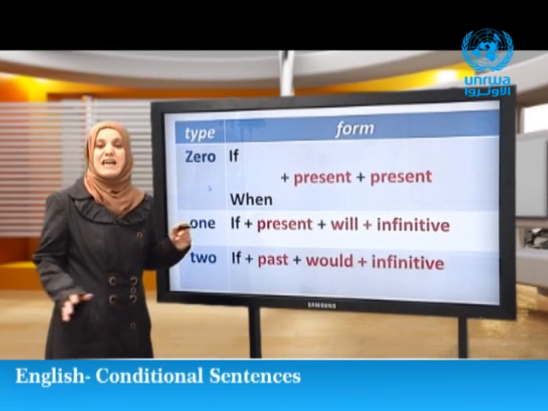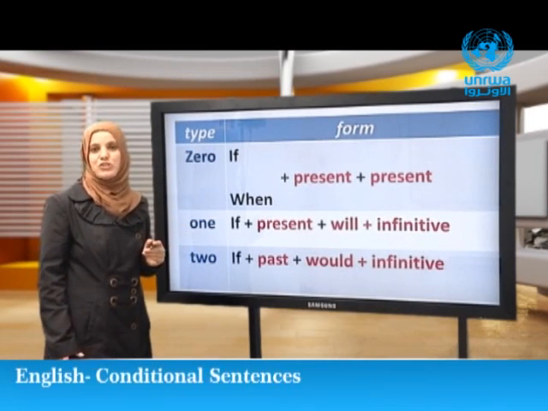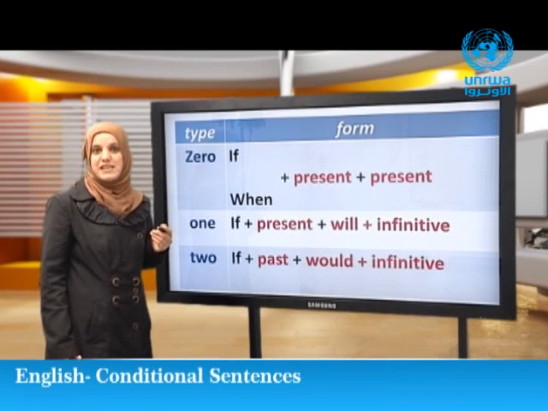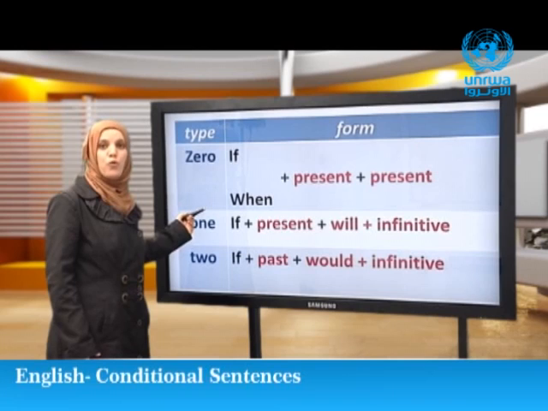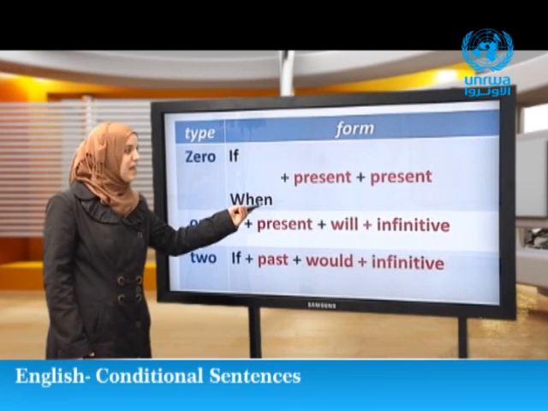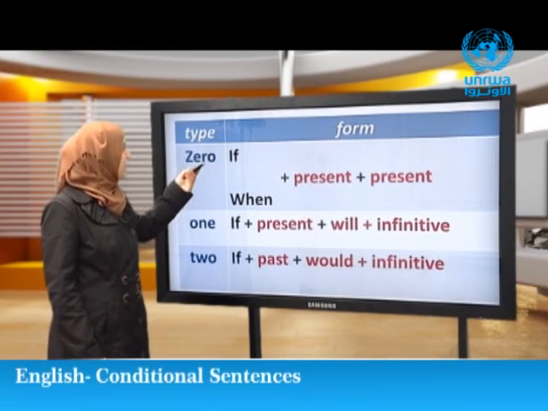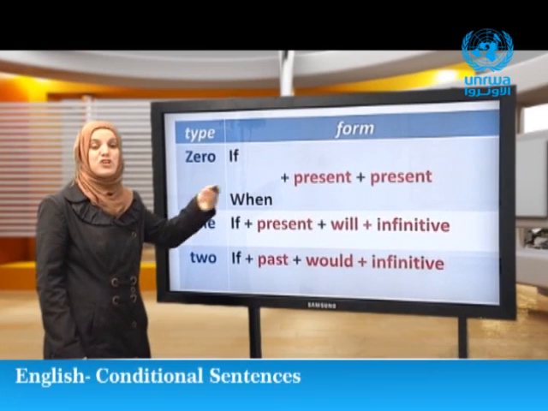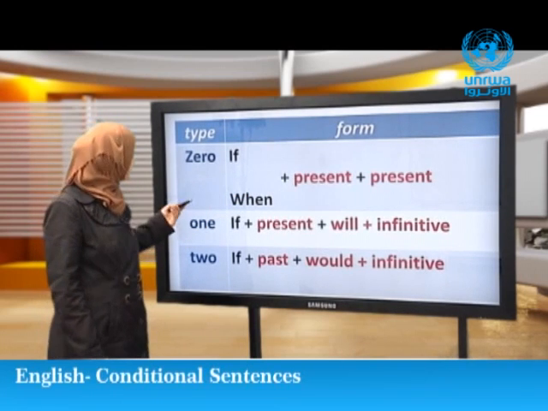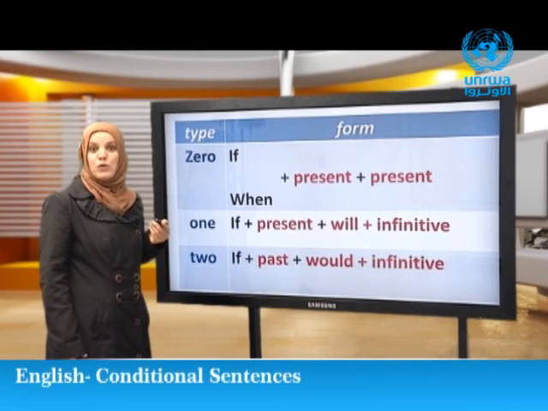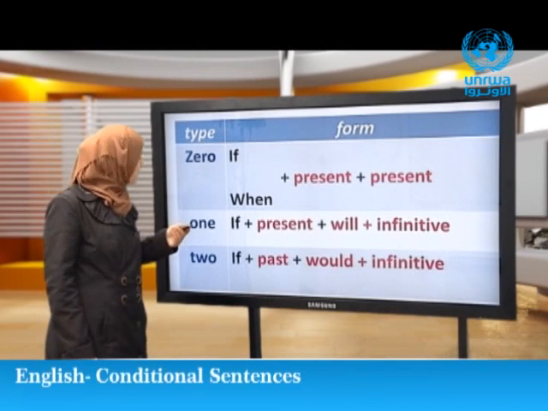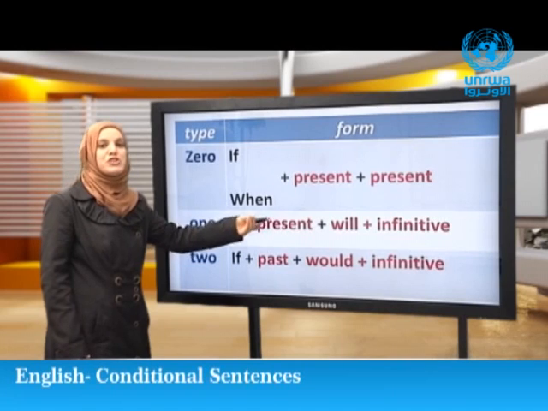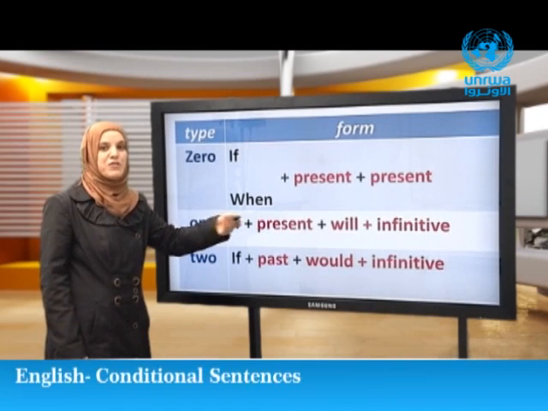Now let's revise all the forms of the conditional sentences. In zero conditional sentences, we use if or when, present simple and present simple. In type 1 conditional sentences, we use if, only if, present simple, future simple, or will plus infinitive.